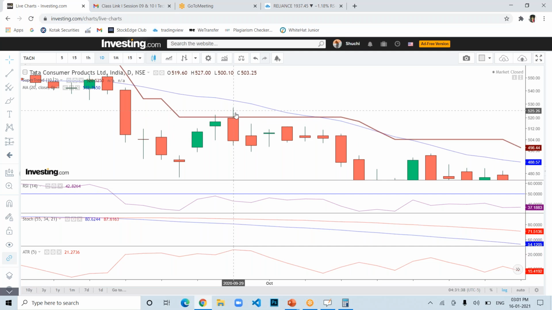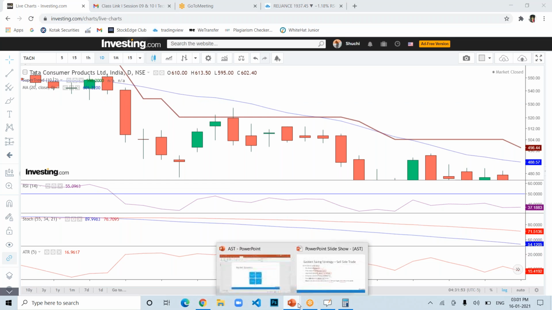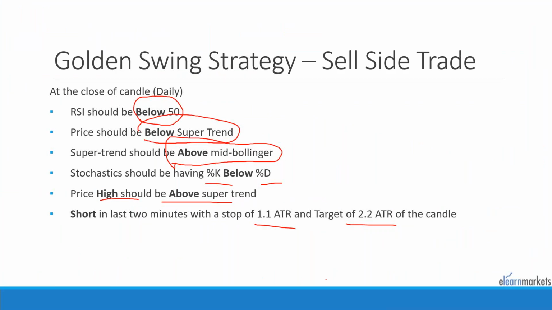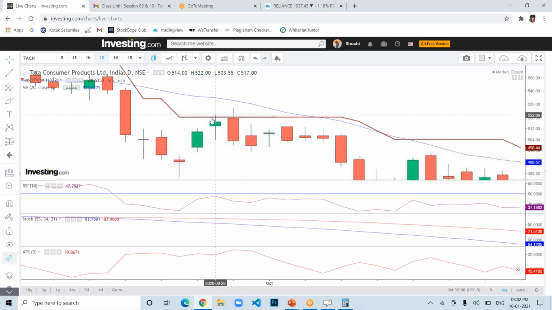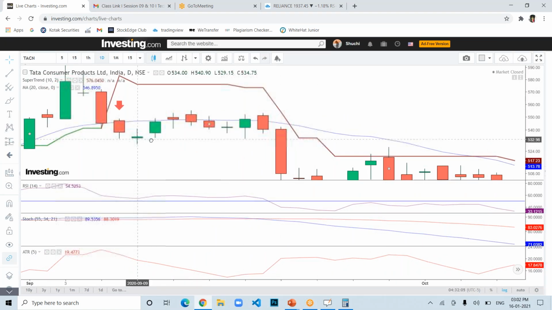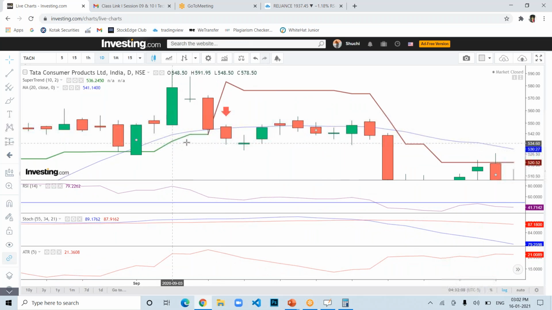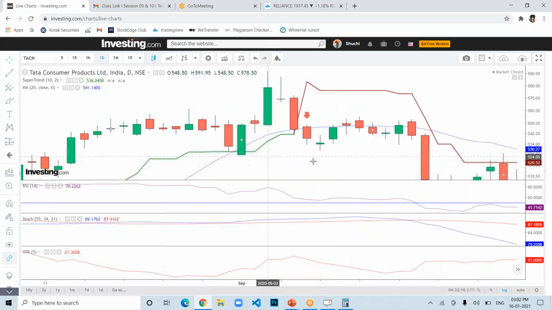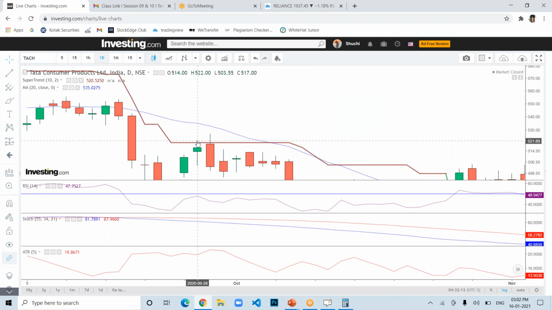Price high should be beyond the super trend line, and super trend should be above the mid Bollinger Band. Sorry. Let me figure out a sell trade for you.